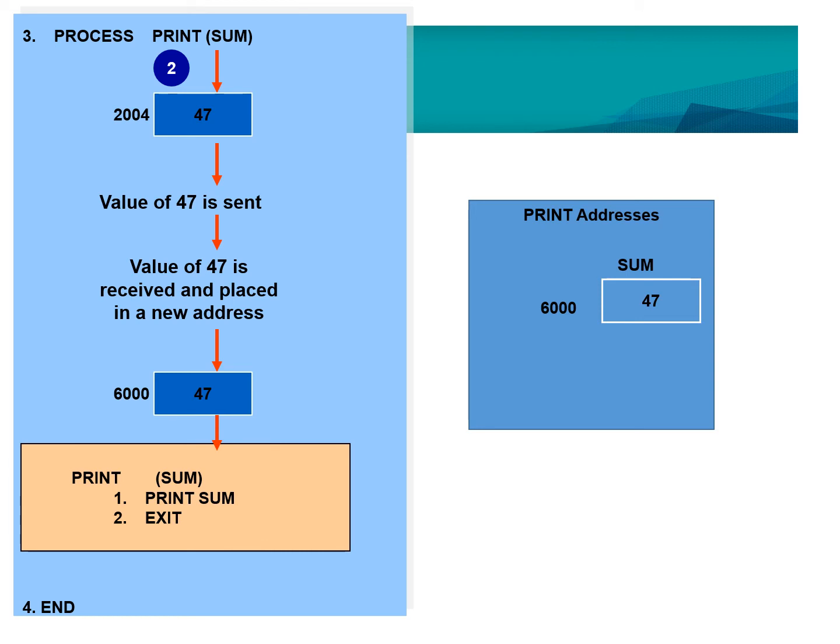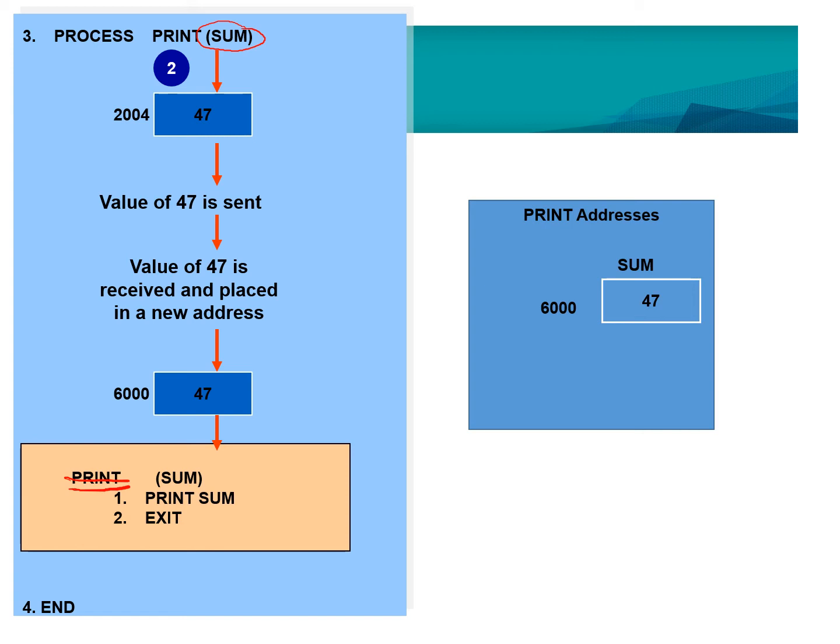This is the last module for this example, where we're going to display the value that we calculated in the calculate module just now. So we have a variable sum with a value of 47, and 47 will be sent to the print module.